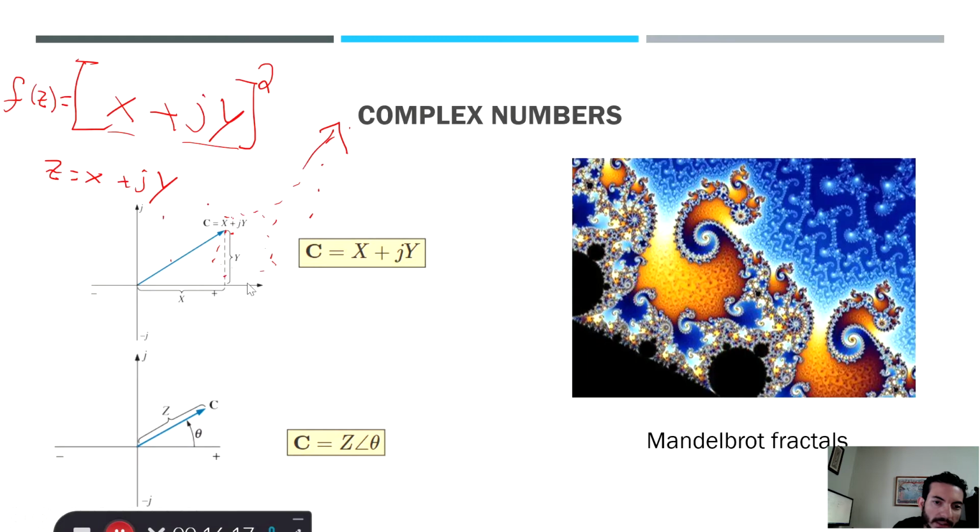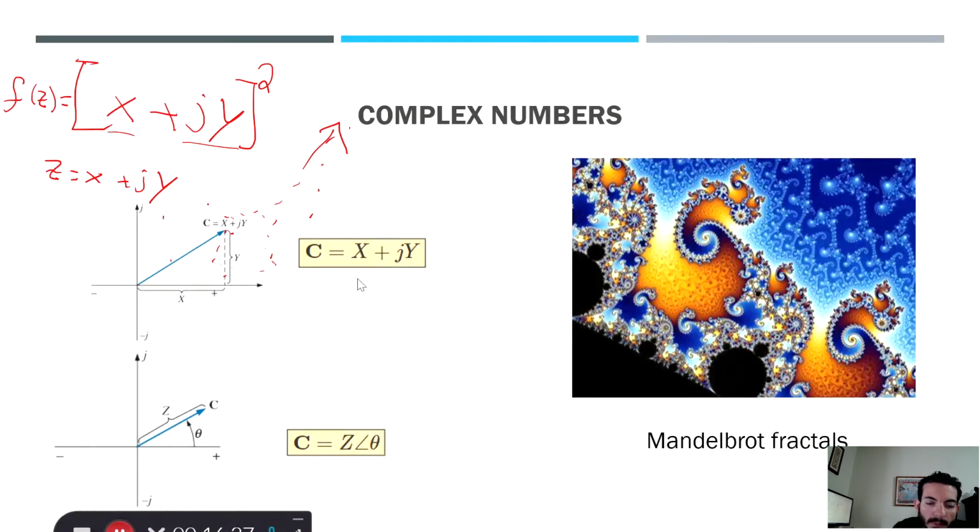Okay, so again, this is how to plot your complex numbers in a rectangular coordinate system, and how to plot them in a polar coordinate system. Never ever, this is the point I want you to take home, never ever combine your real term with your imaginary term.